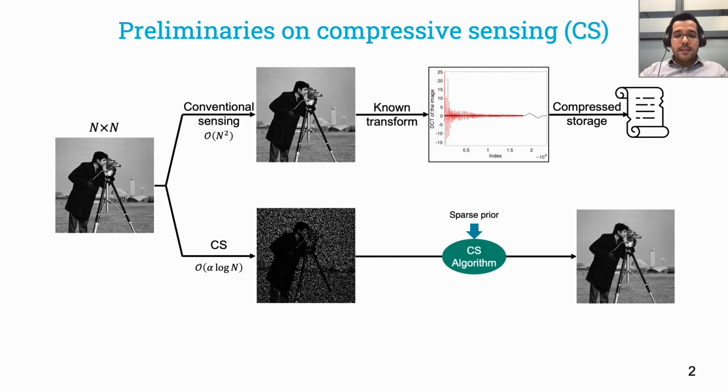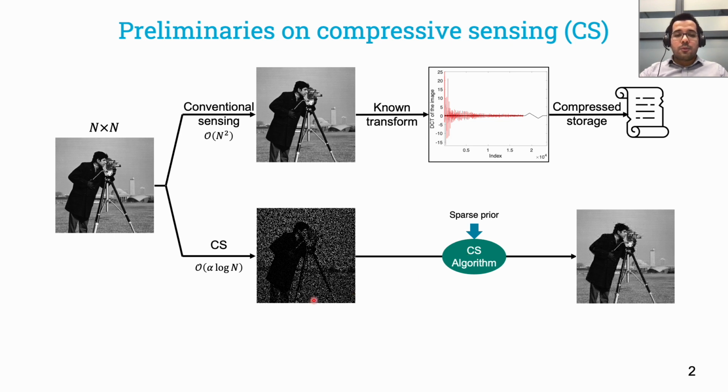In compressive sensing, however, compression is performed right in the sensing stage without needing to discard information later. Although subsampling in this case will result in aliasing artifacts, compressive sensing can use a sparse prior in the signal or image to recover it only from a fraction of the measurements that traditional methods require.